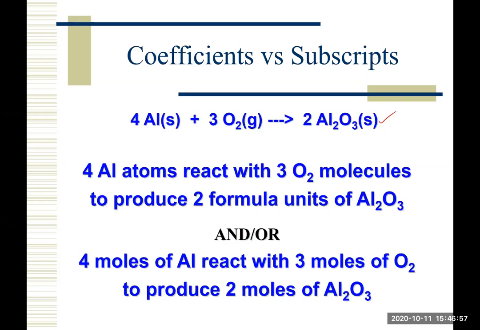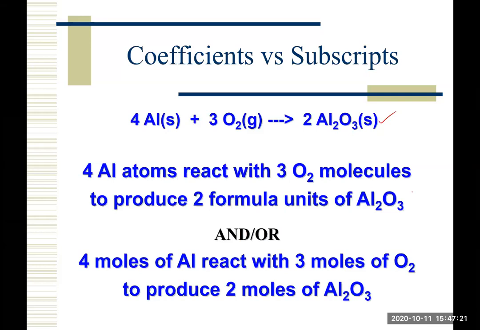Or we could say 4 moles of aluminum react with 3 moles of oxygen to produce 2 moles of aluminum oxide. Now we know that we couldn't say 4 aluminum atoms react with 3 moles of gaseous oxygen to form 2 formula units of aluminum oxide.